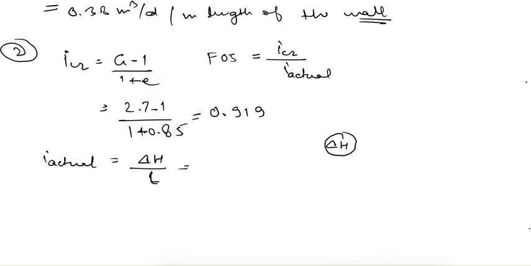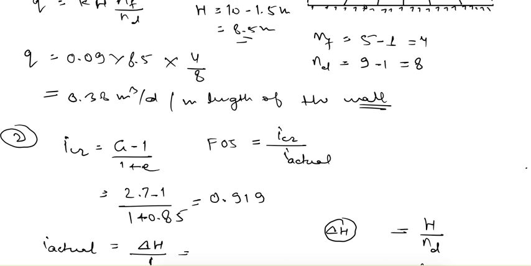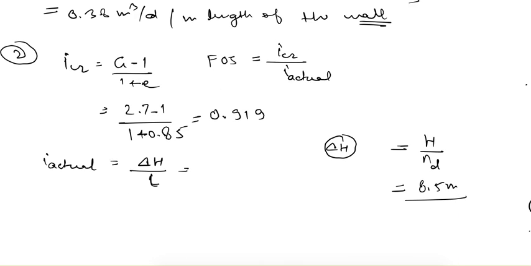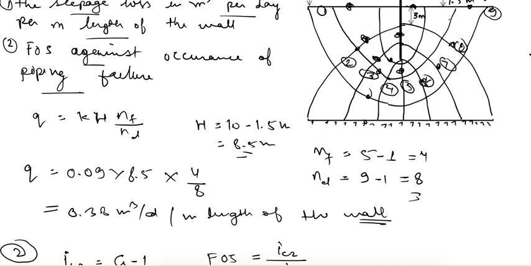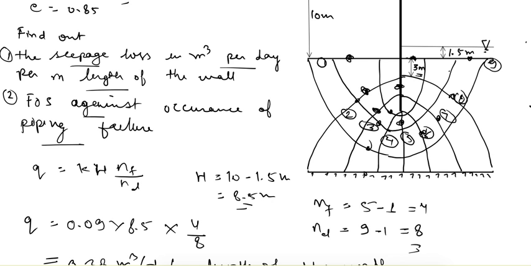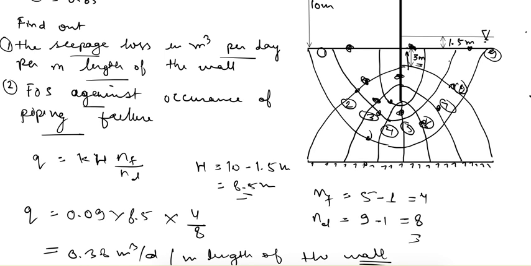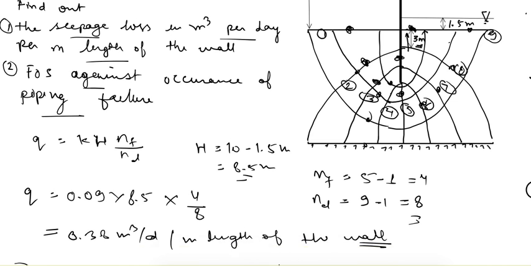So if we divide the total head by the equipotential drops, we will get delta H. Total head is 8.5 meter and potential drops are 8, so 8.5 by 8 is our delta H. The length of flow here is 3 meter because piping occurs just at the downstream side of any hydraulic structure, and here the flow lines are emerging vertically.